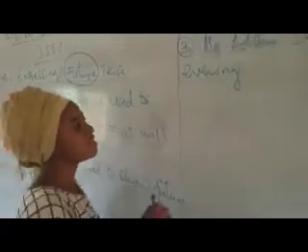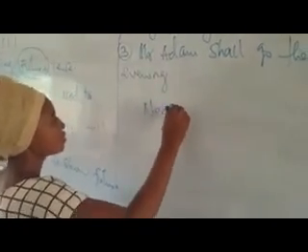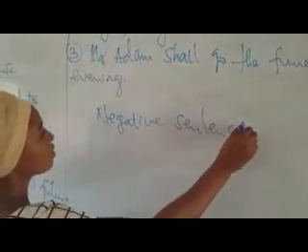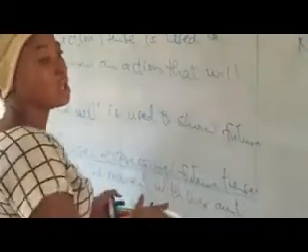Now, for the negative sentence, let me use the one that we have on the board here. Sentence 1, Joy will go to the market with her aunt. Now, how do you turn this positive sentence to a negative one? Use not.